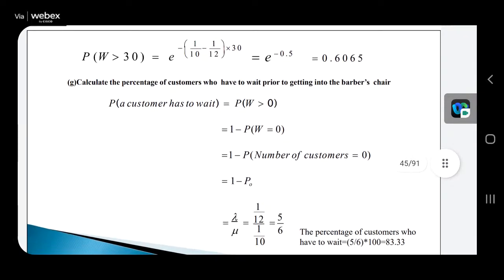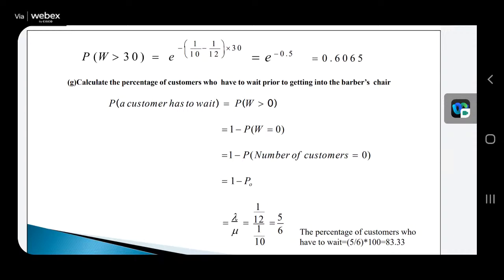Next, the Gth one. Okay, this is again an interesting question. Calculate the percentage of customers who have to wait prior to getting into the barber's chair. If he has to wait, there should be some waiting time, right? Yes. So I have taken the probability of waiting time greater than 0. That means other than 0, I should have some waiting time.